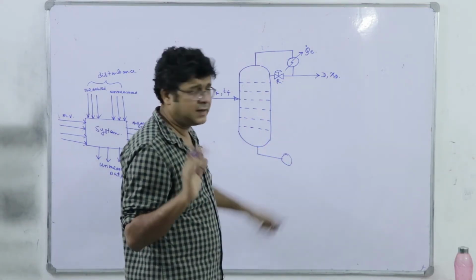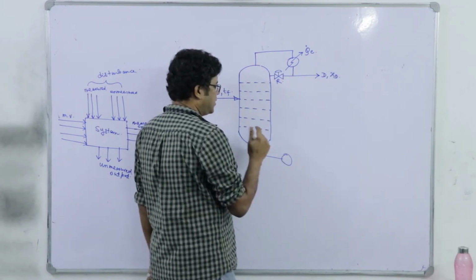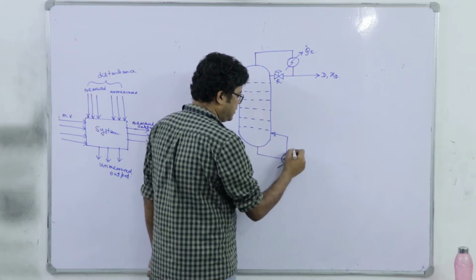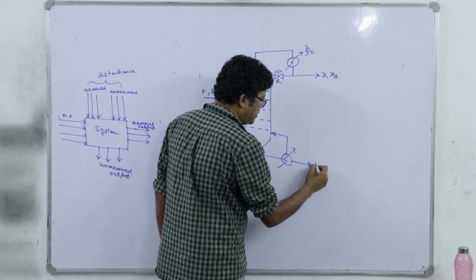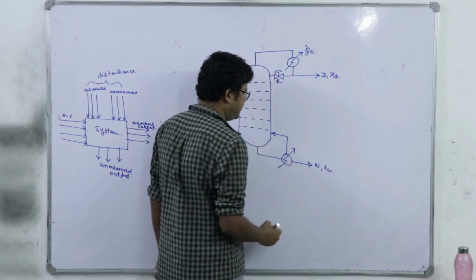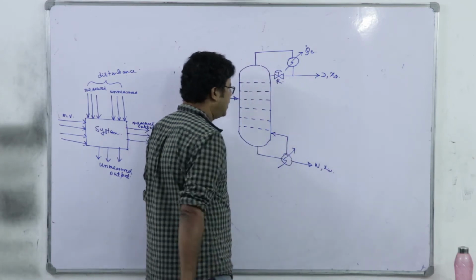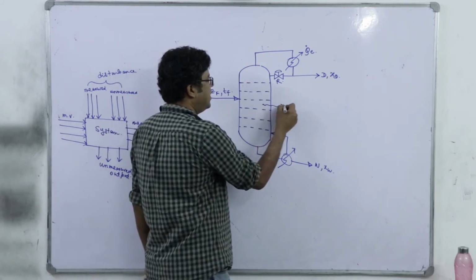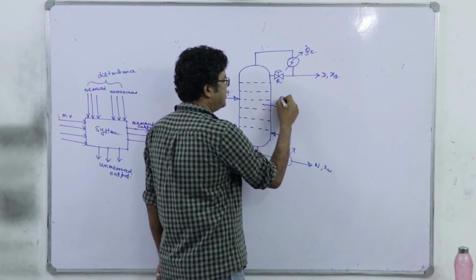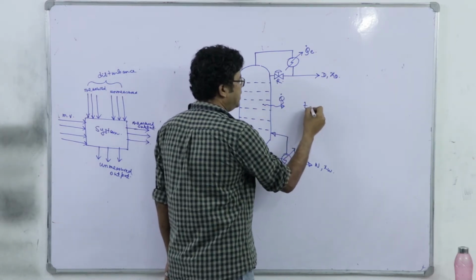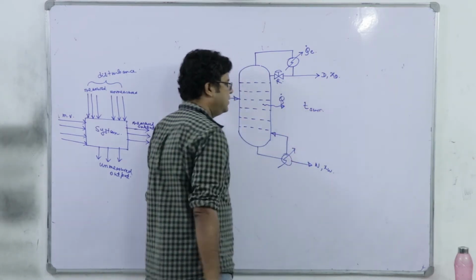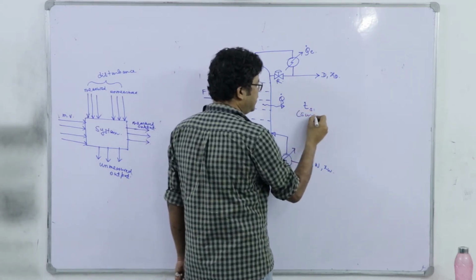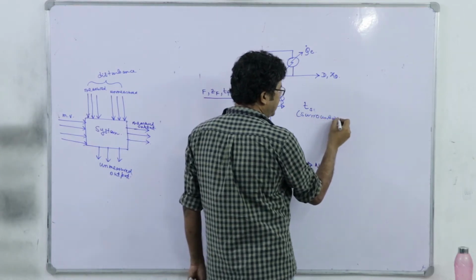We are simplifying this case hypothetically. The pentane is the product, right? W, XW. It's a partial reboiler we are using. And there may be heat loss into the surrounding, Q dot, and the temperature of the surrounding is TS, the surrounding temperature.